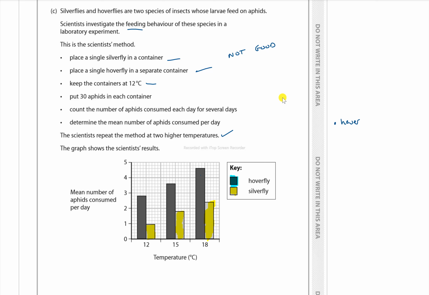So hoverfly larvae eat more aphids, and just in numbers. As temperature increases, both flies eat more aphids.